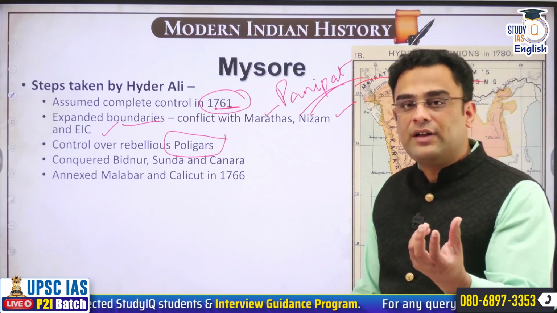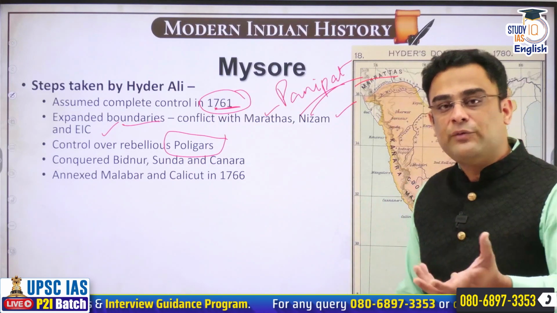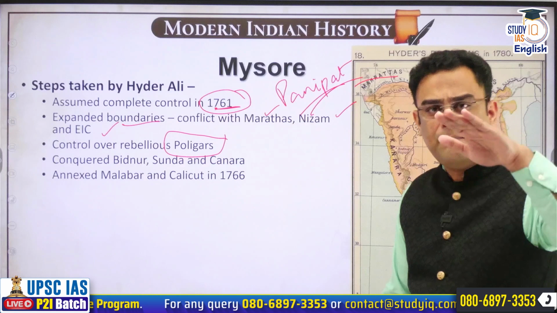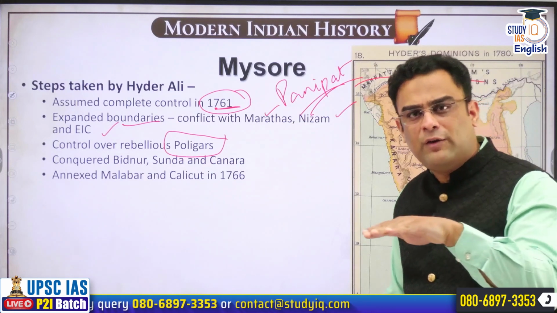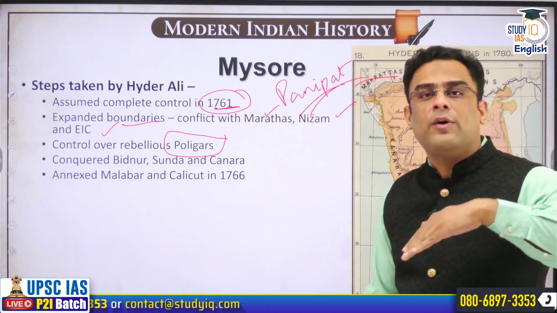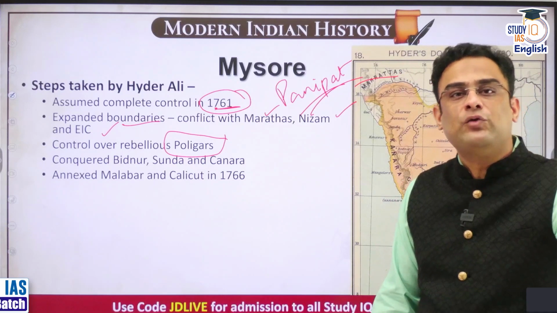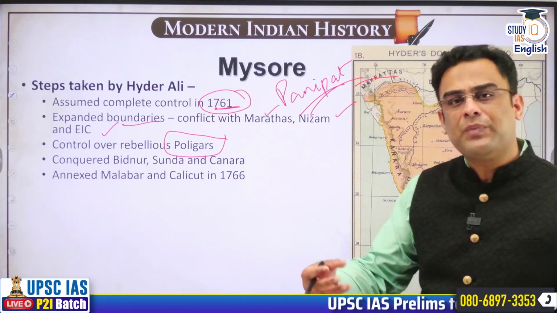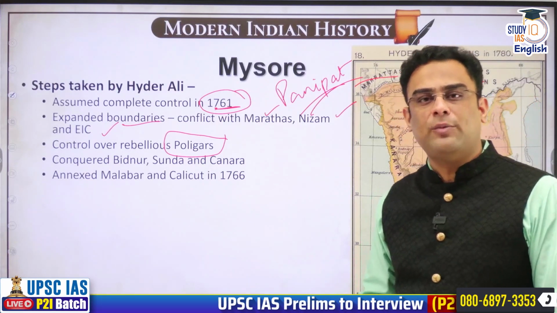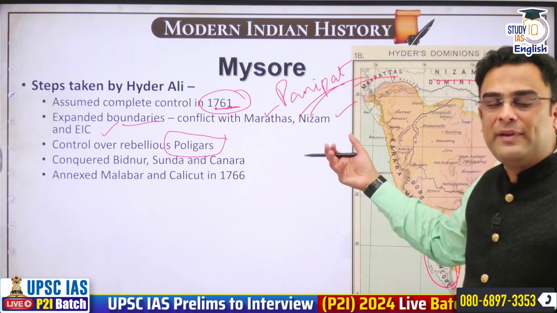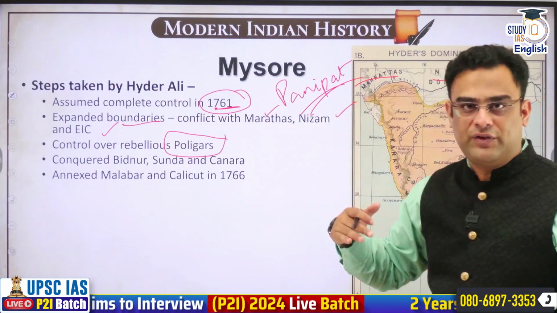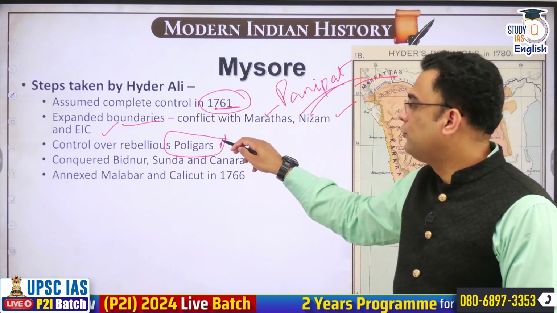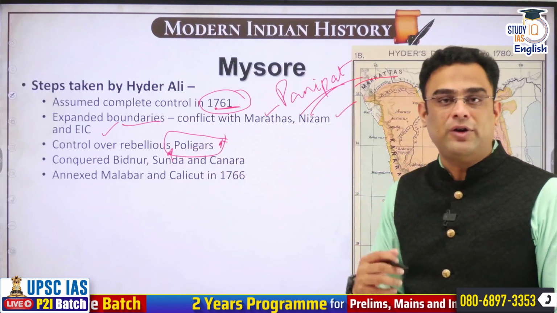The state of Vijayanagar was a unique state in terms of its organization. Below the king, there were many small vassal chiefs who paid their allegiance to the king, and in return, they had a lot of internal autonomy or freedoms. Polygars were basically a residue of that structure. And these polygars were used to having a lot of powers and autonomy.